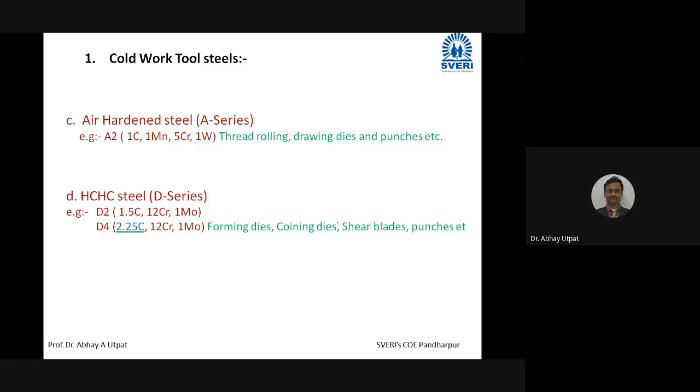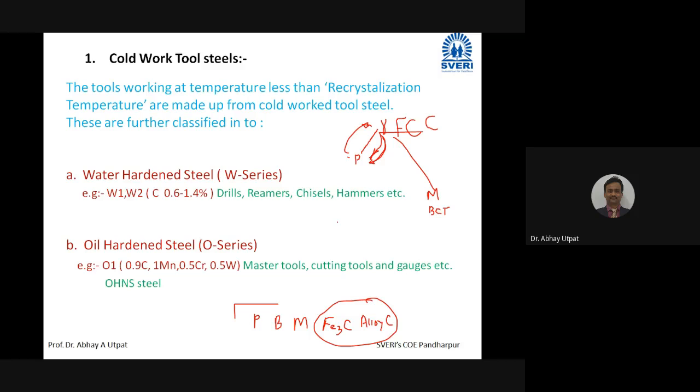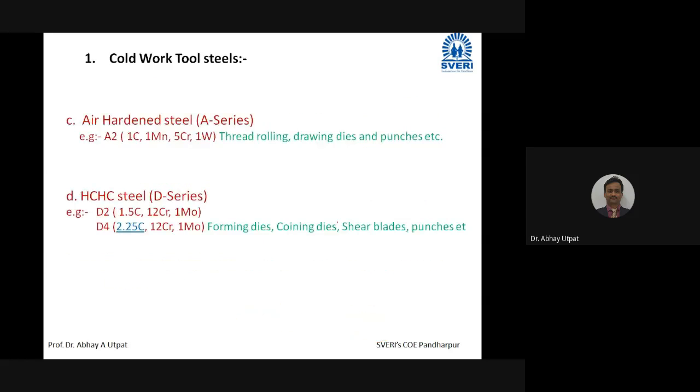All these four types are used for operations below recrystallization temperature. That's why they are called cold work tool steels. Remember, W symbol is for water hardening, O for oil hardening, A for air hardening, and D for high carbon, high chromium. You have to remember this.